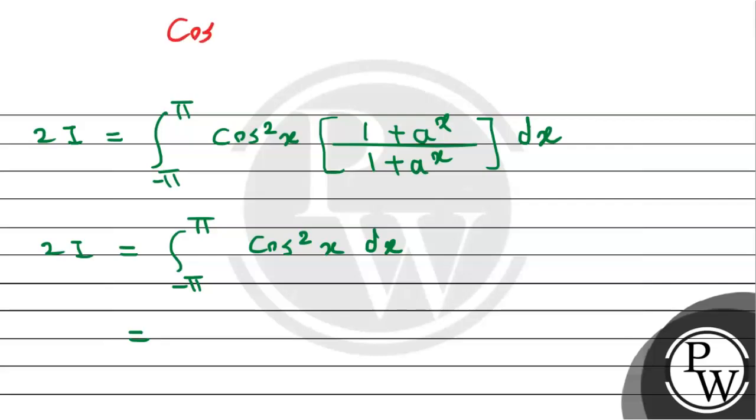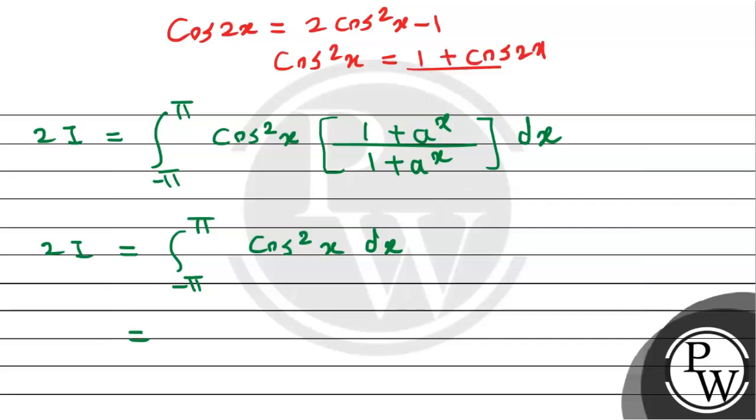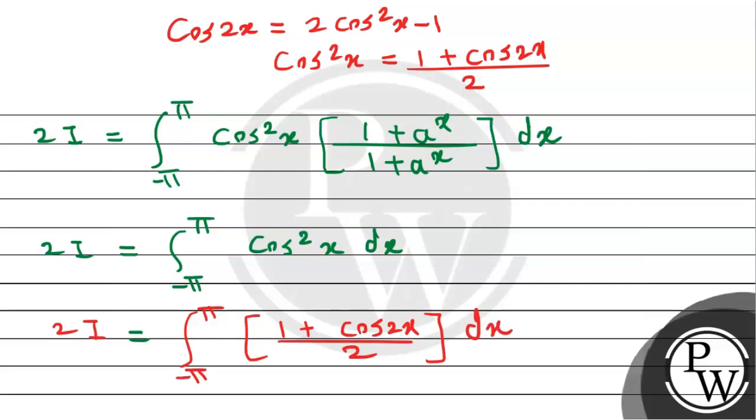So we remember that cosine of 2x is equal to 2 cosine square of x minus 1. So from here we can write cosine square of x as 1 plus cosine of 2x divided by 2, and we will substitute it here. So it becomes the integration from minus pi to pi of 1 plus cosine of 2x divided by 2 dx.